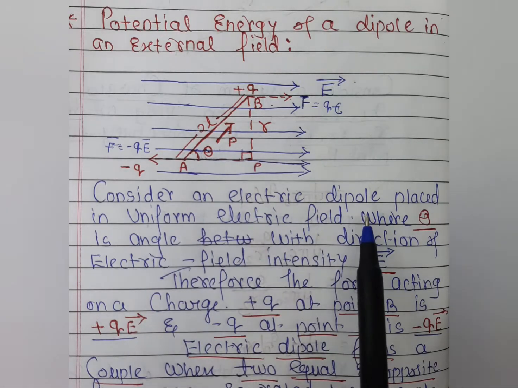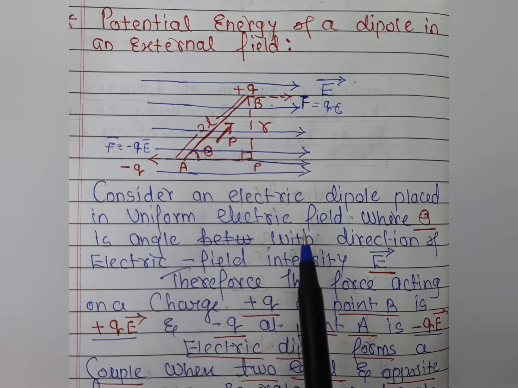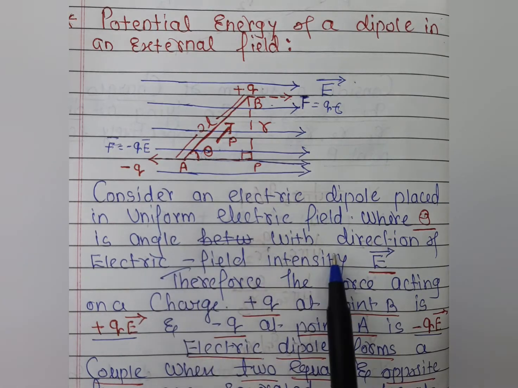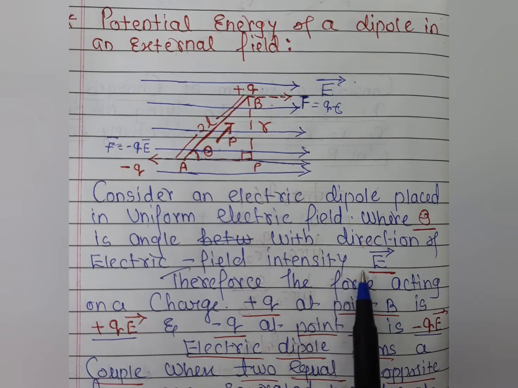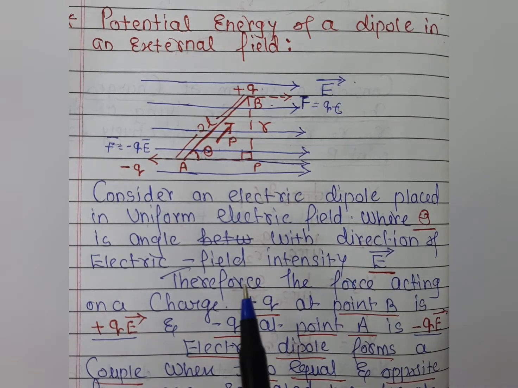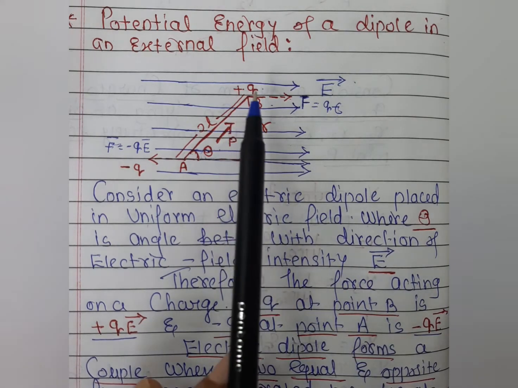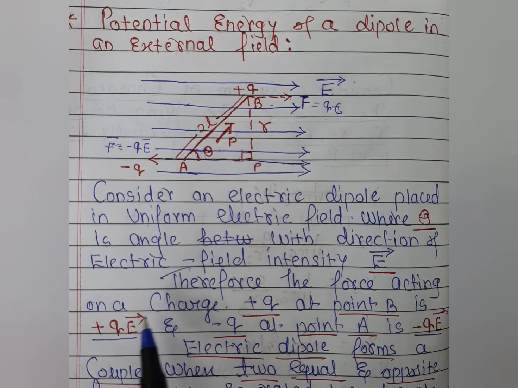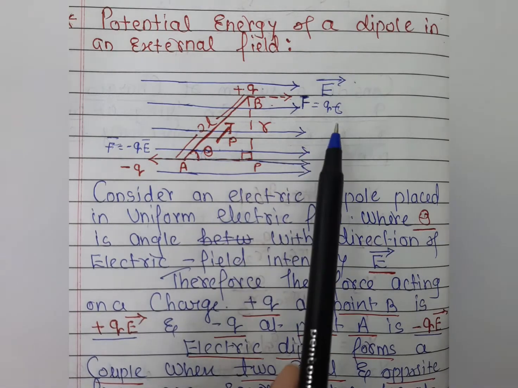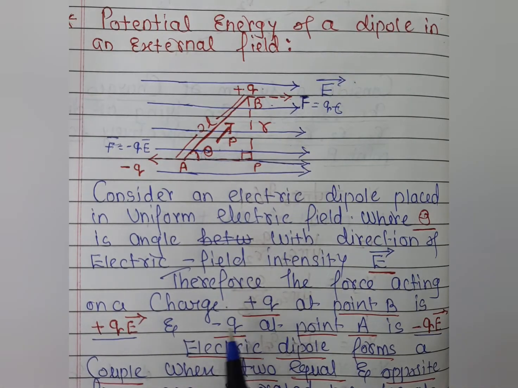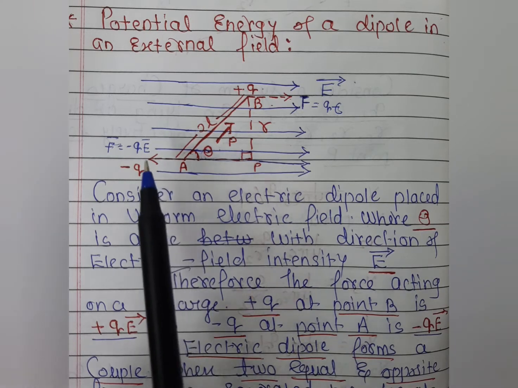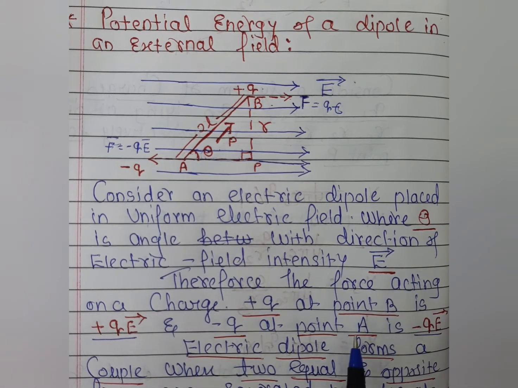Let us focus on the description here students. Consider an electric dipole placed in a uniform electric field where theta is the angle between the direction of the electric field intensity and the dipole. The force acting on the plus charge at point B is plus QE, and on the minus Q at point A the force is minus QE.